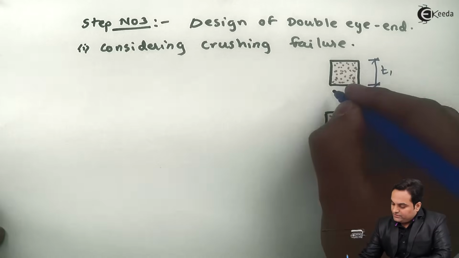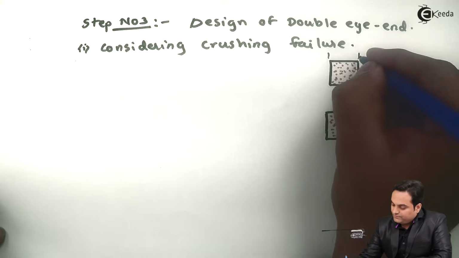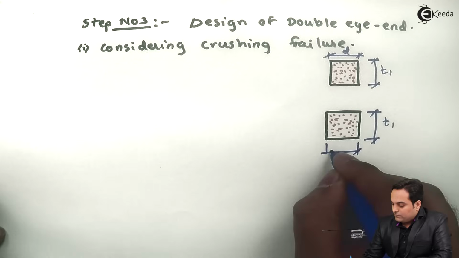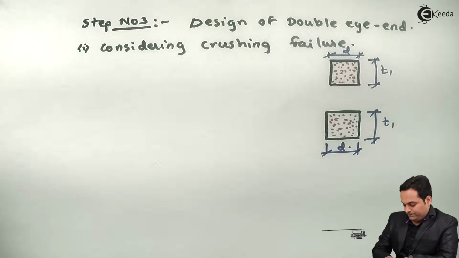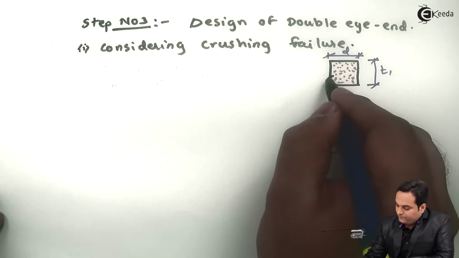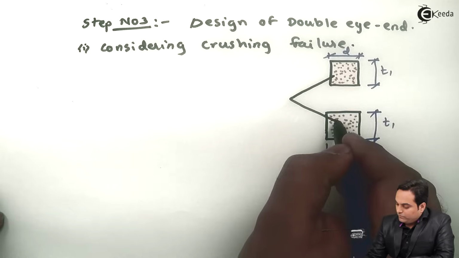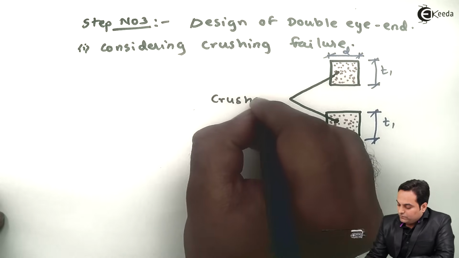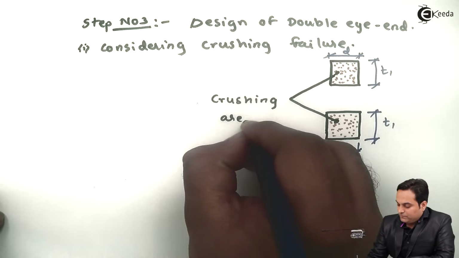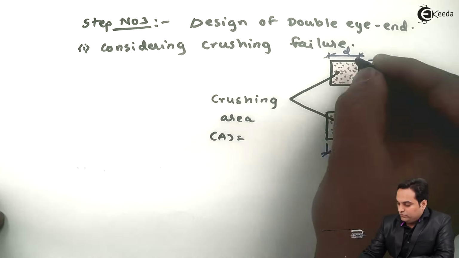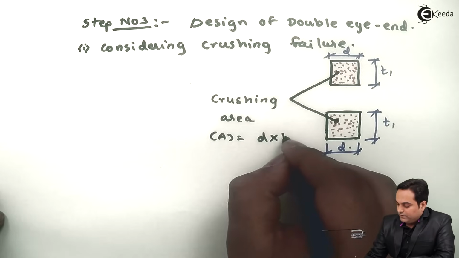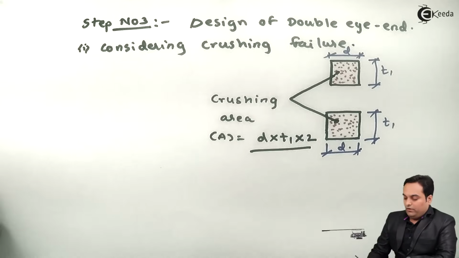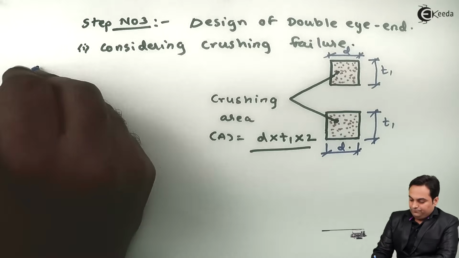So these are the failing areas, or I can say crushing areas. The area A is equal to d into T1, and like this I have one more area, so multiply it by 2. So this is the crushing area.